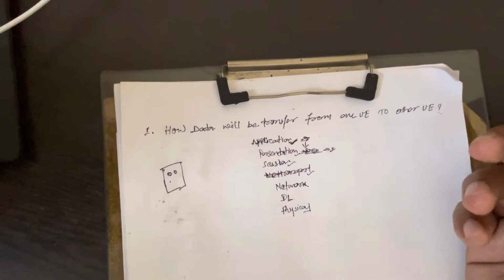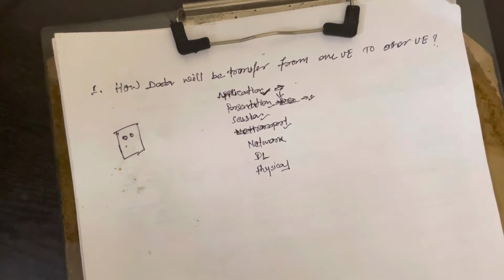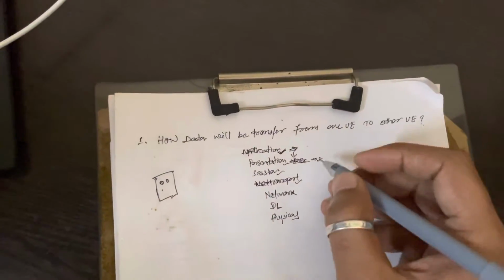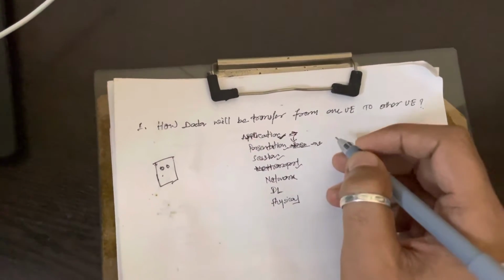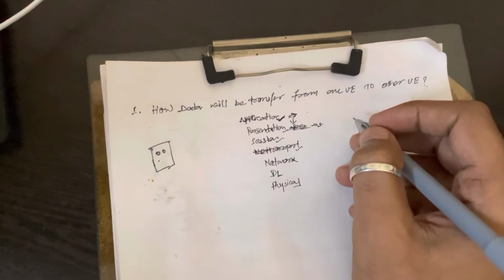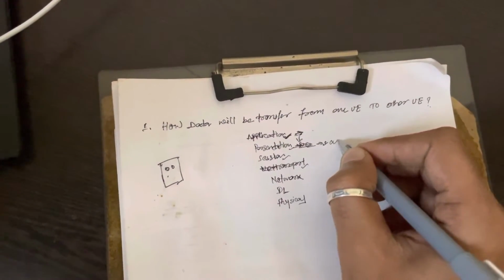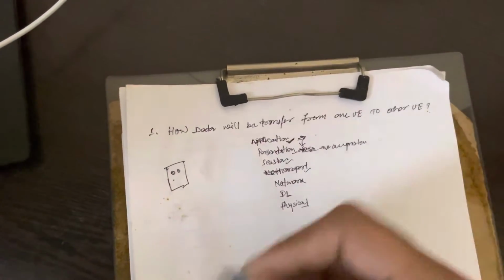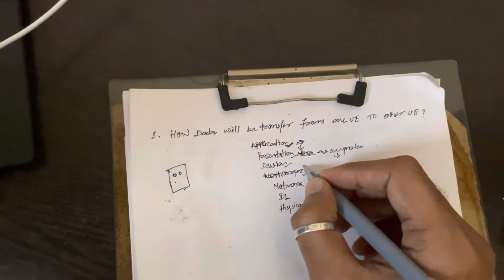Suppose if your data size is big, then it will take lots of bandwidth, so that's why the presentation layer will compress your data. The main purpose of the presentation layer is compression and decompression. Then it will forward it to the session layer.